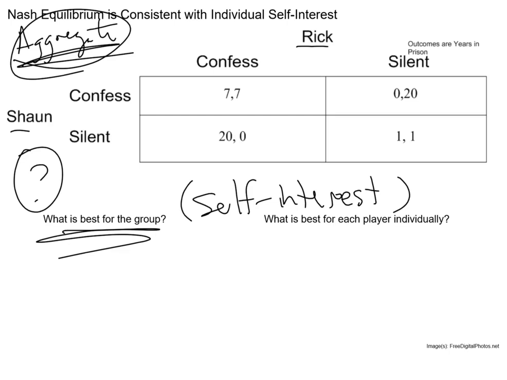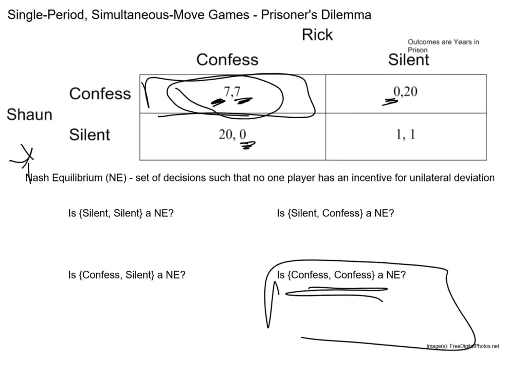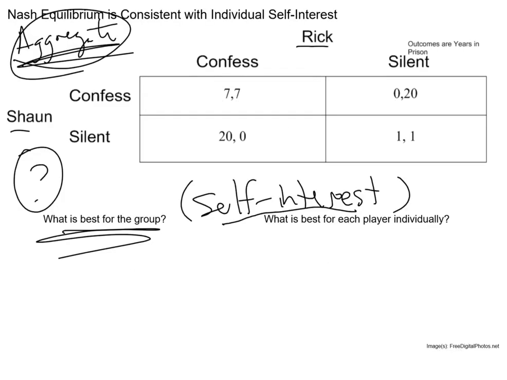If these individuals are following their rational self-interest, it's going to lead us to a Nash equilibrium. If each player is thinking about what's best for them as an individual, they'll know that the best decision for each of them as an individual is for them both to confess.